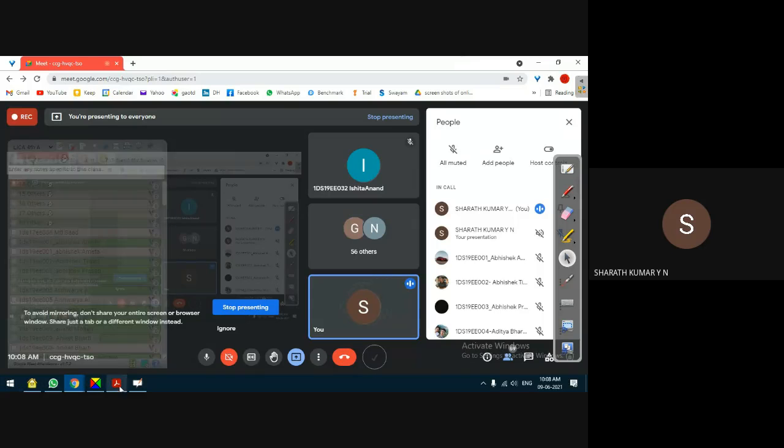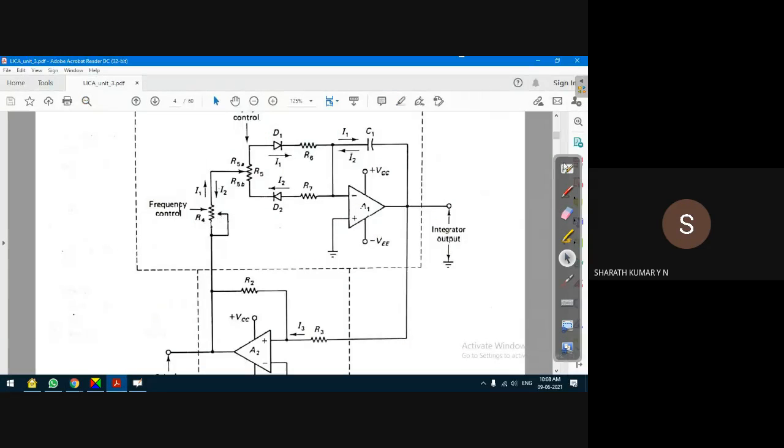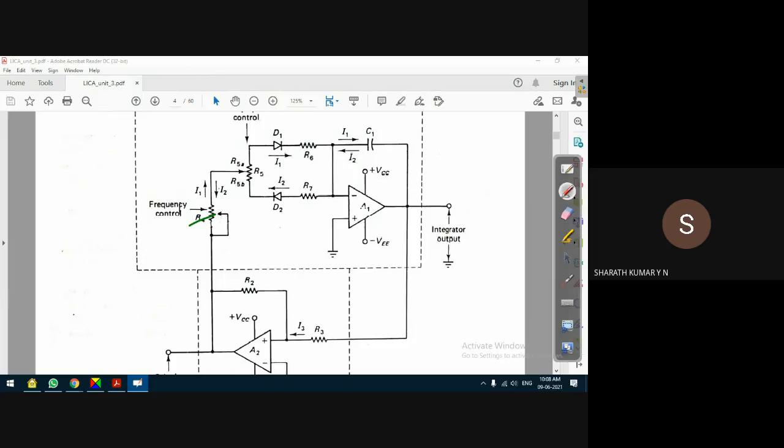As we vary R4, we have understood that the current I1 charging the capacitor varies. As the current charging the capacitor varies, the charging cycle and discharging cycle also vary. Thereby we are able to control the frequency.